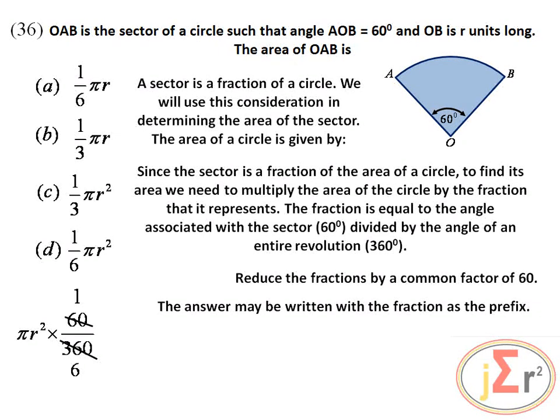So instead of having this 1/6 in this direction, we may write it in the other way, causing the 1/6 to be preceding pi r squared. 1/6 pi r squared is our answer. The correct answer is option D.